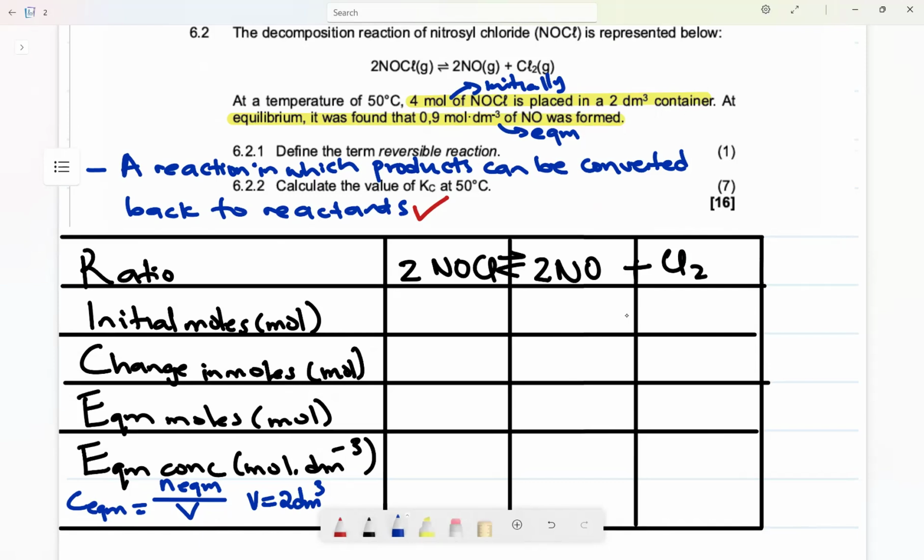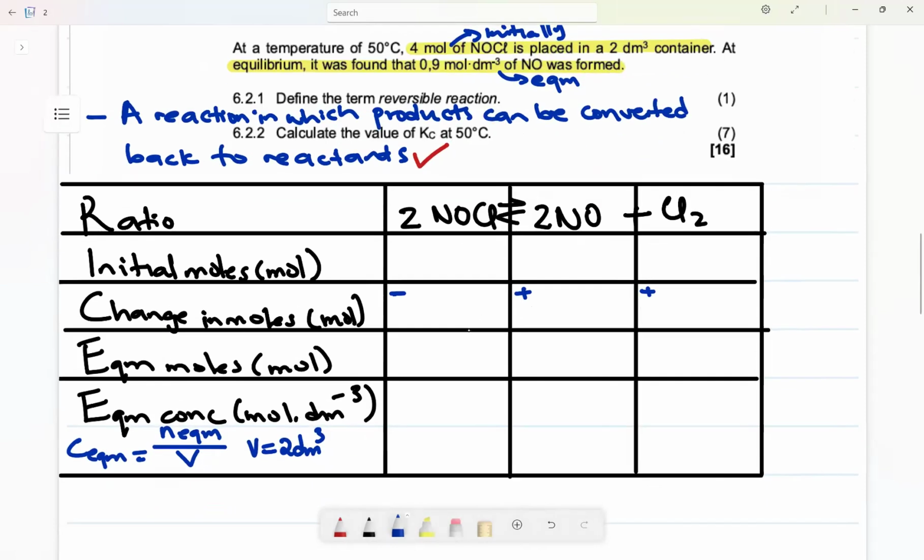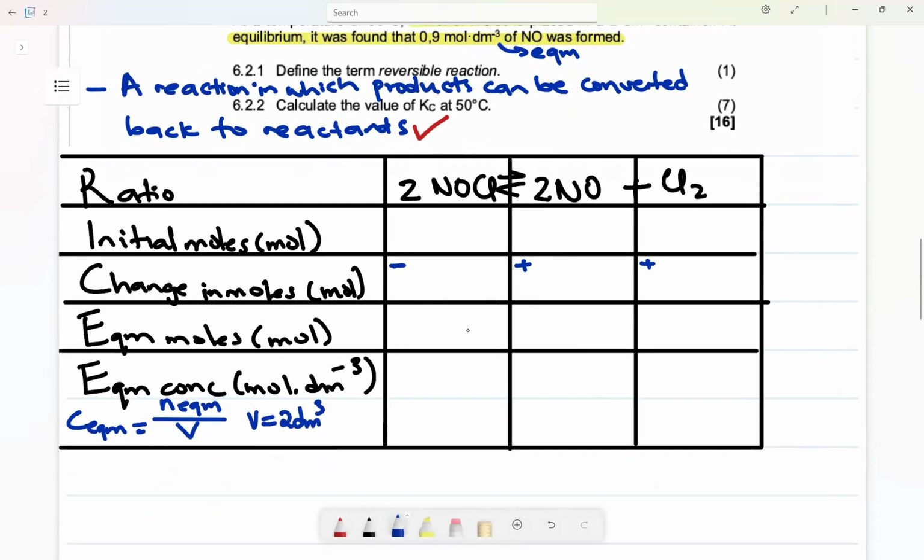What I do, I come to the change. To the change on the reactants, I do minus. To the products, I do plus. Why? Because on the reactants, we are using them, so the number of moles of our reactants will decrease, but the number of moles of our products will increase because we are forming them.